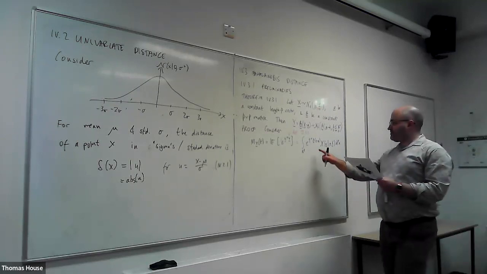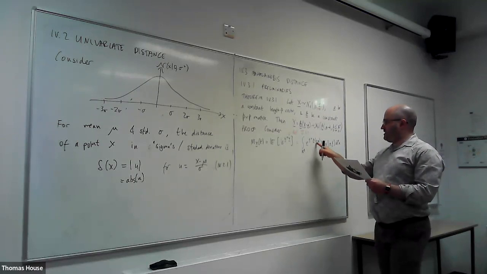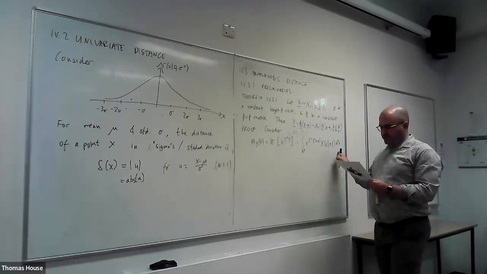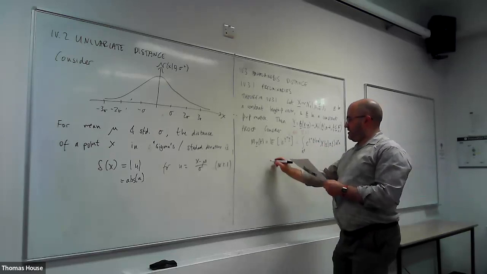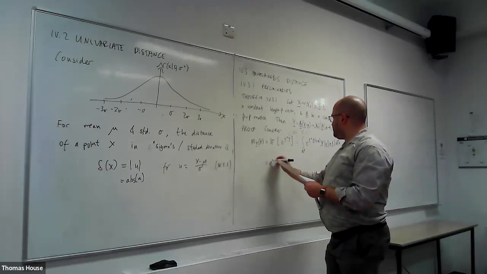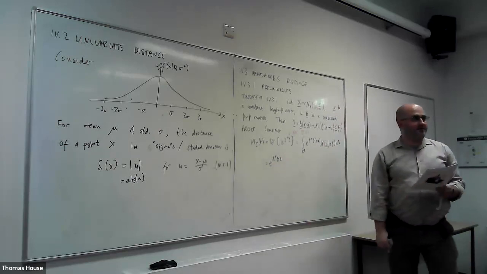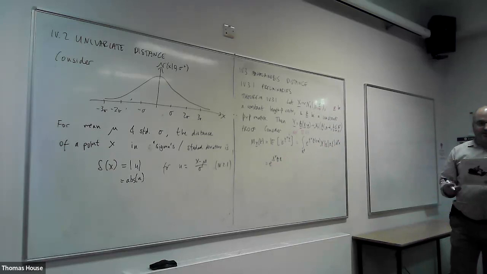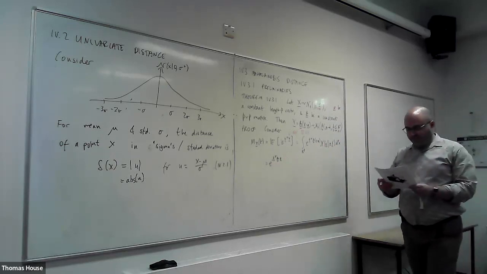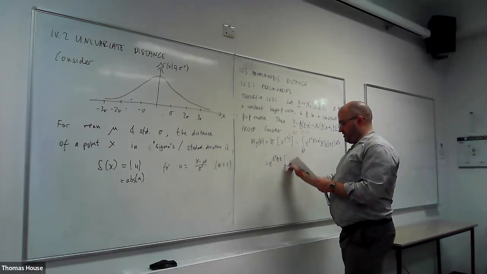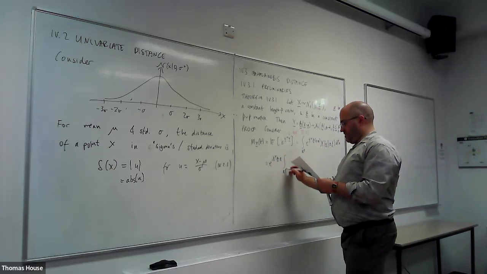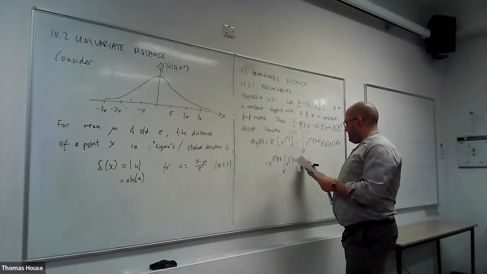So first thing we can do is pull out a bit of this that doesn't depend on the x that we're integrating. So that's equal to e to the minus t transpose a, which doesn't depend on the x that we're integrating over, times the integral over R^p of e to the t transpose A x.